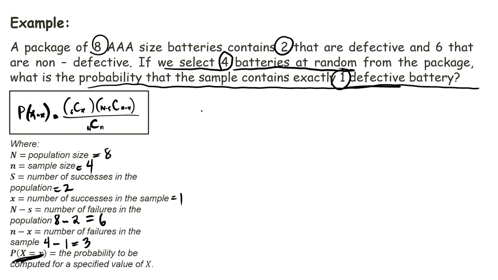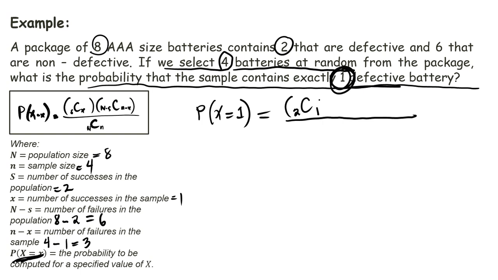Okay. So, the probability of X equal to 1. Kasi kinukuha natin 1 defective battery. Is equal to, so we have, ang S natin po ay 2. Combination of X po natin ay 1.